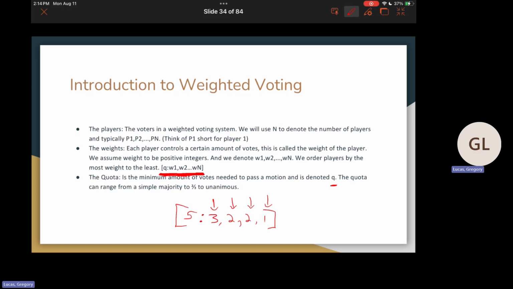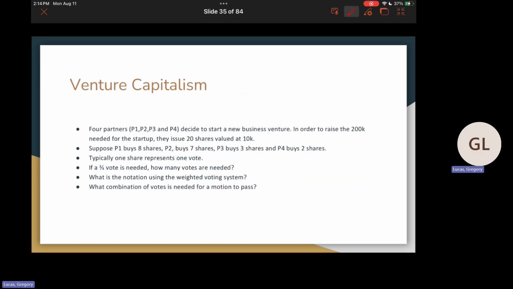Let's get into more detail. For example, in venture capitalism, say 4 partners, we'll call them P1, P2, P3, and P4, decide to start a new business venture. In order to raise the $200,000 needed for the startup, they issue 20 shares valued at $10,000. 20 times 10,000 gives us the 200,000.